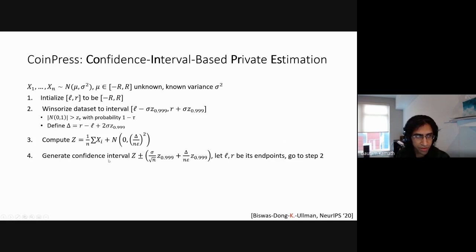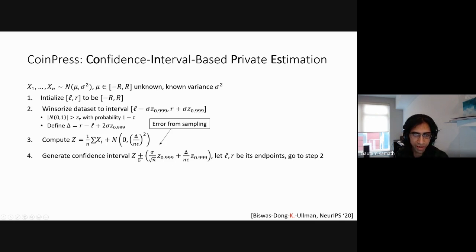You generate a confidence interval centered at this point estimate. You make an interval around it which accounts for 2 different types of noise. The first is the error from sampling.